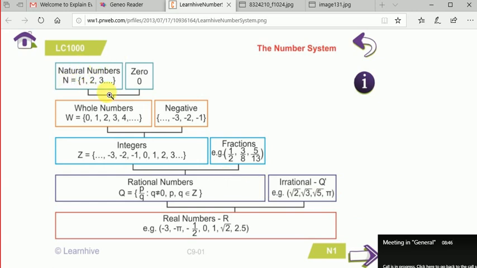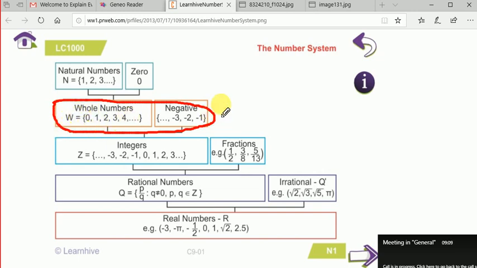In your number system, you first have natural numbers, which starts from 1 to infinity. Then second we have whole numbers. Whole numbers actually, when we add 0 to a natural number, it becomes whole number.